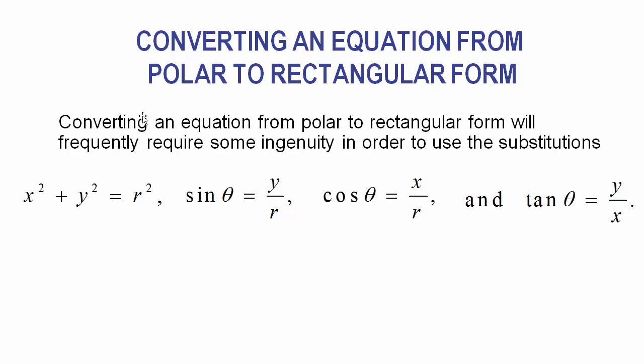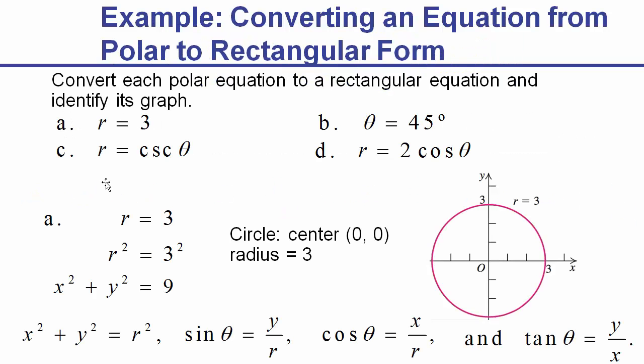If we tried to use either of these two and let r equals 3, so we put in a 3 here, well, that's great, but now our equation is in terms of x and theta, or y and theta, instead of just x's and y's. But if we do it this way, we get everything in terms of x's and y's. And so that's why you would do it that way. And you can see that x squared plus y squared equals 9 ends up being just a simple circle.